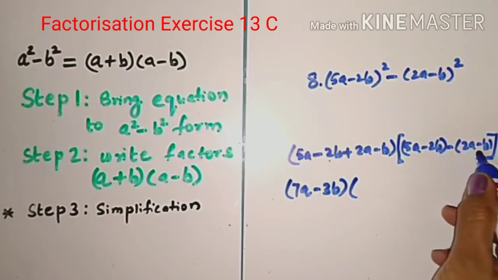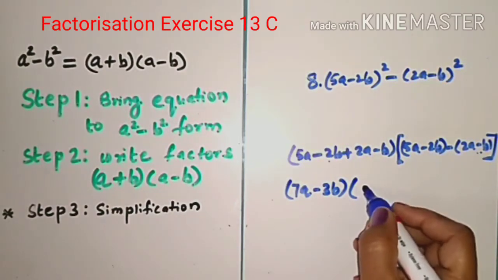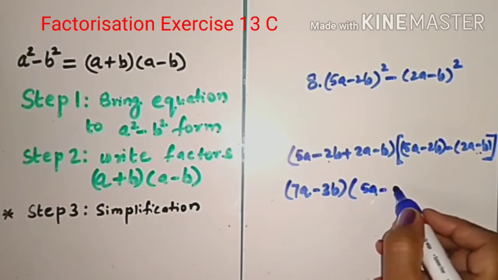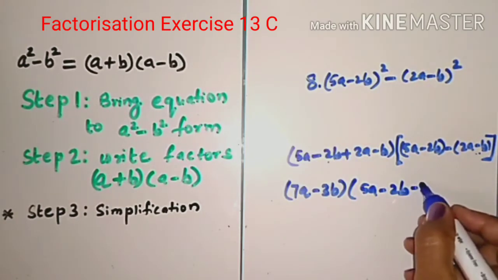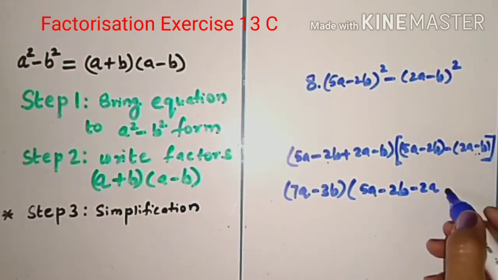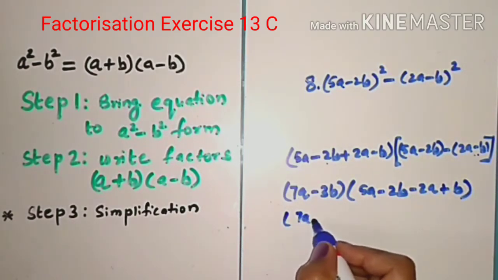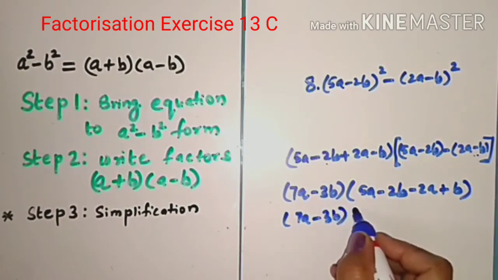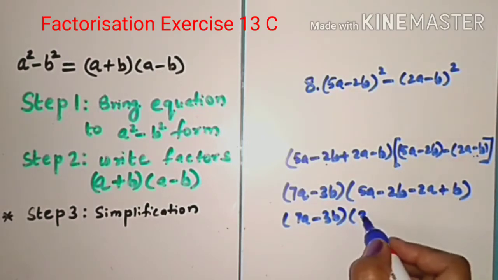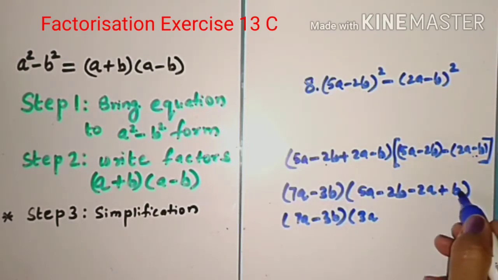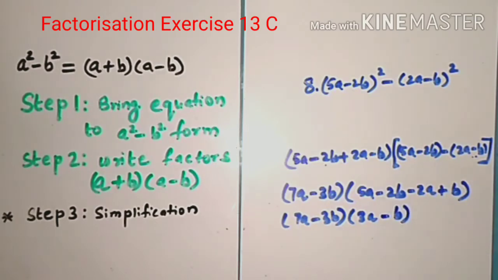This bracket we will open. We'll have 5a minus 2b minus 2a plus b. 5a minus 2a is 3a, minus 2b plus b is minus b.